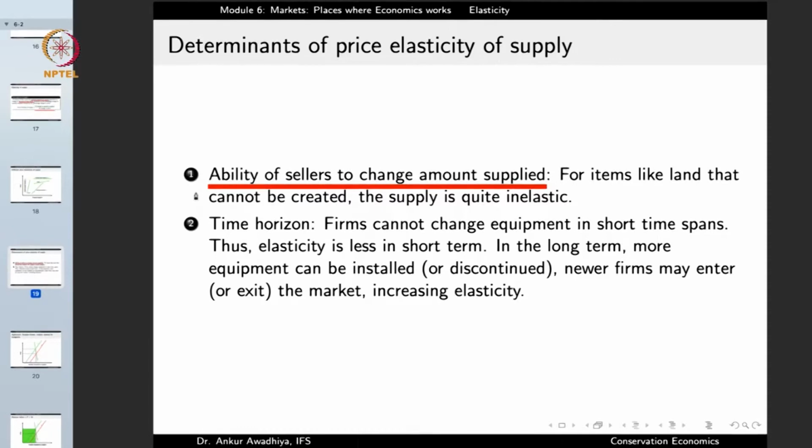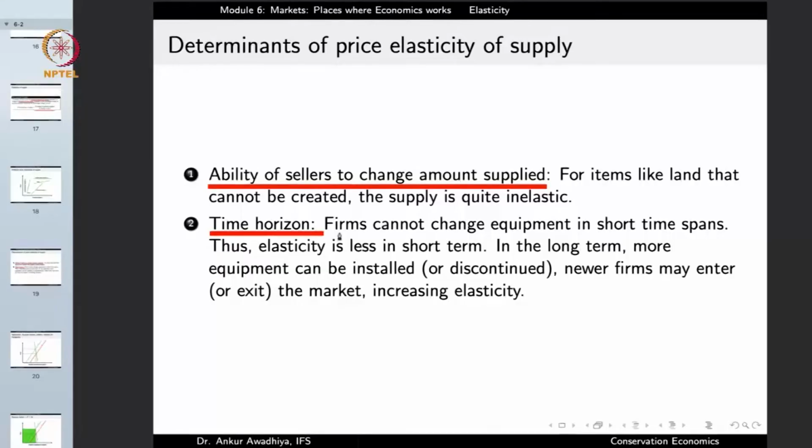It is also governed by the time horizon, because even in the case of those items for which the sellers can change the amount supplied, this change in supply cannot be done in a moment's notice. It will take some time. So, for instance, in the case of ice creams, if the price changes, the seller would want to manufacture more ice creams and supply it to the market.